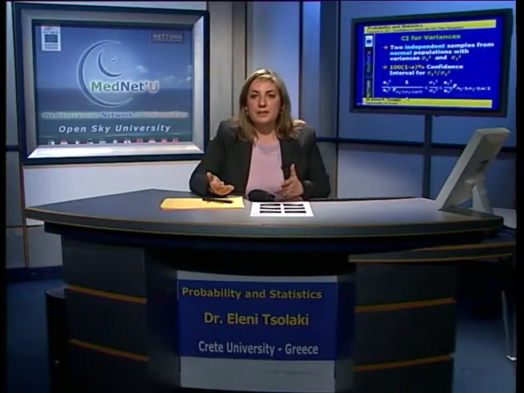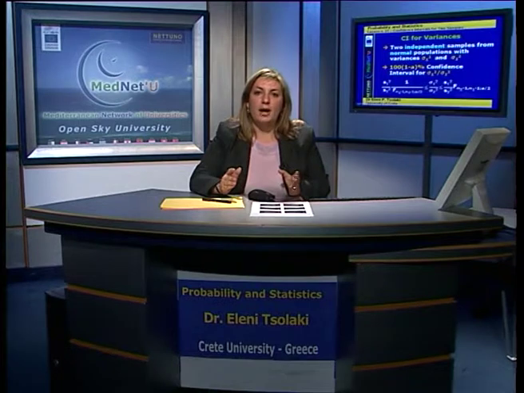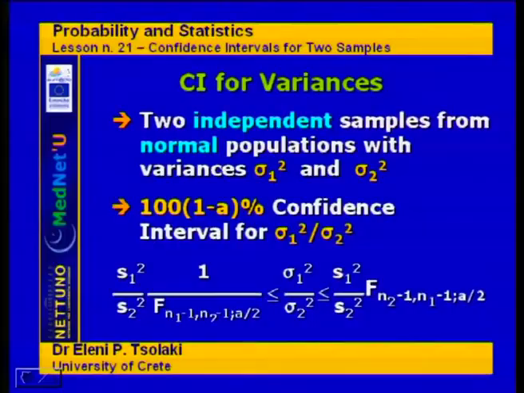Now, the F distribution has two different degrees of freedom. We can see that for this side, the first degrees of freedom are n1 minus 1, the second is n2 minus 1, and on the other side we see that we take the value of the F distribution, but we note here that the degrees have changed.